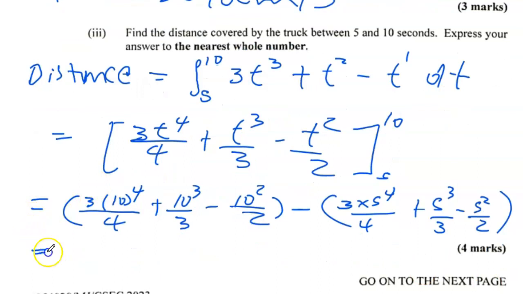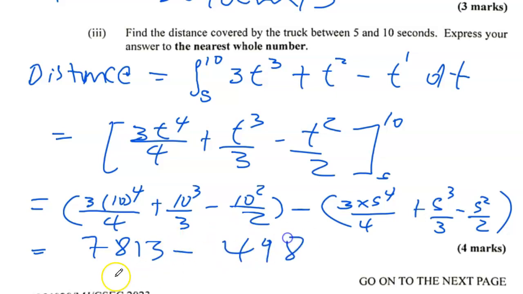Hence the first bracket will work out to be 7,813, the second bracket 498, and that will give us 7,315. And remember the units, centimeters.